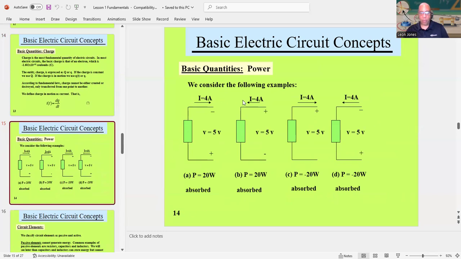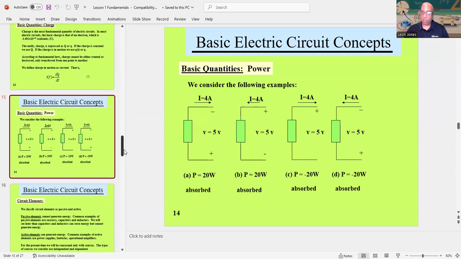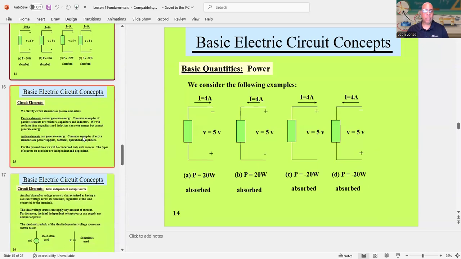Up here you have all the power that's supplied and the power that's absorbed. And if you look at it, 4 times 5 equals 20, all across the board here in that circuit. You have power supplied, but in these four diagrams, it's all power absorbed.